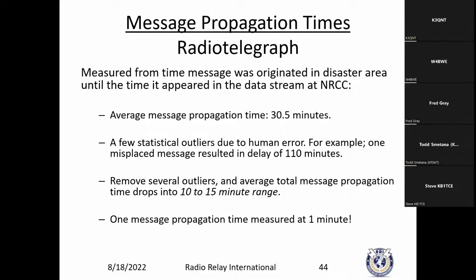For example, we had a couple of operators who misplaced messages. They got a little bit confused and missed a couple of messages, and this resulted in a delay, in one case, of 110 minutes. If you remove those 2 or 3 outliers, the average message propagation time changed to 10 to 15 minutes.